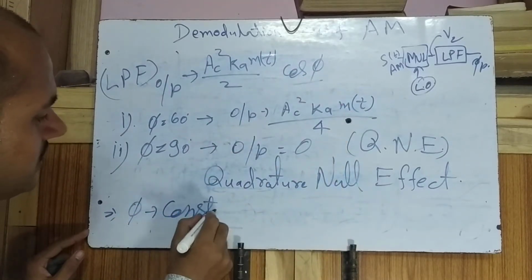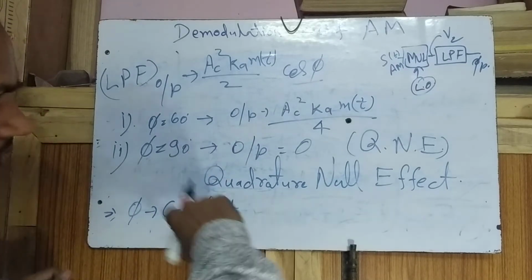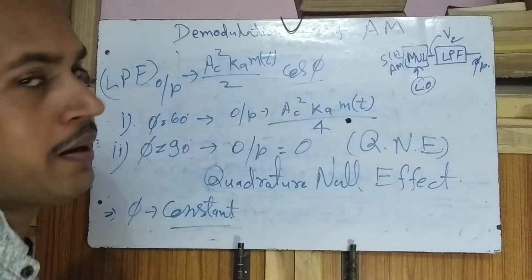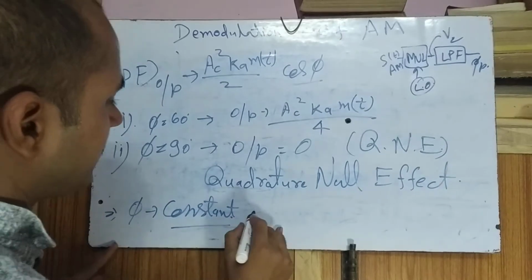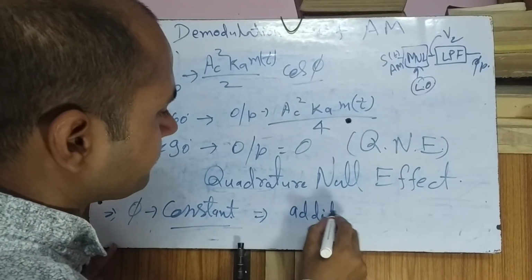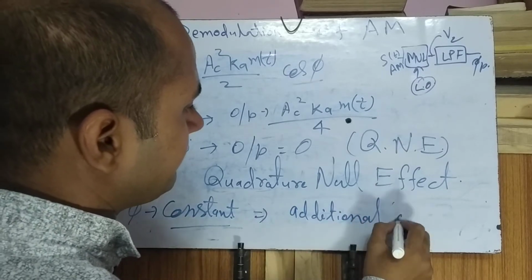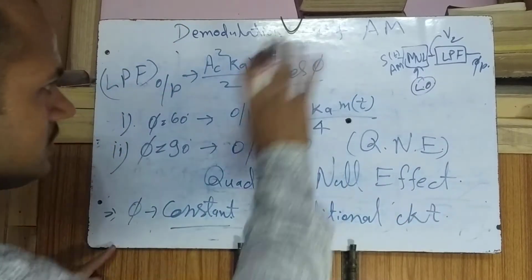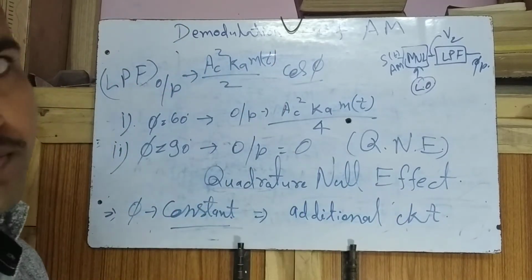When phi is constant, then we will be able to get m(t), and to make phi constant we will have to use additional circuitry. Again, additional circuitry will make the synchronous detector complex, right?